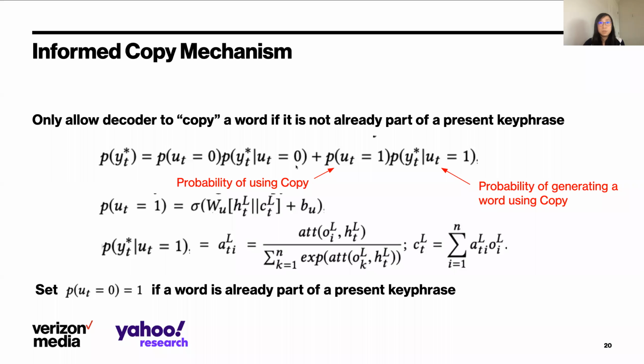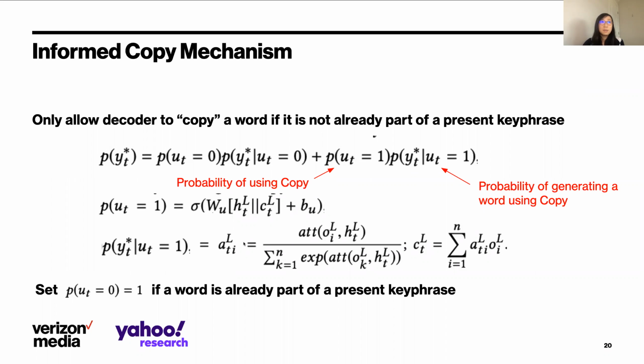Here, UT equals 0 means not using copy, and equals 1 means using copy. So in a regular generative model, there will be only the first term. And in our case, we're using the copy mechanism, so there will be 2 terms. The second term will be the probability of using copy multiplied by the probability of generating words when copy is used.